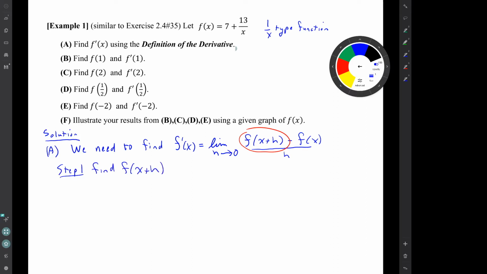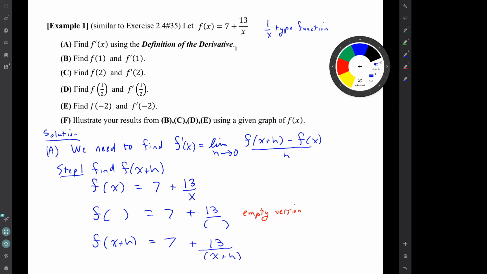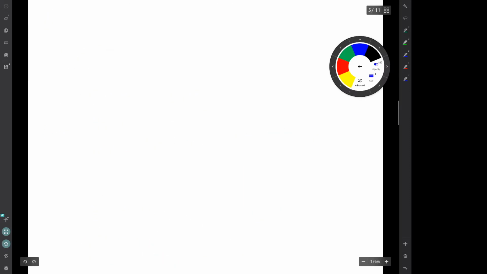We write down f of x, then we write down the empty version, and then we plug in x plus h. So there is our f of x plus h. That expression is going to be substituted in that spot later. Now let's go on to step 2.